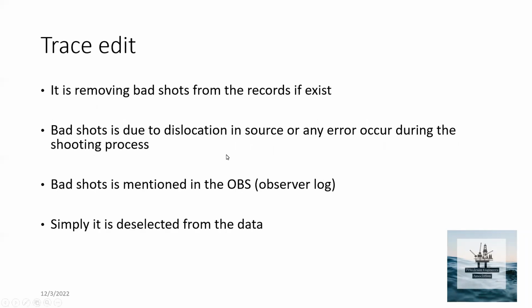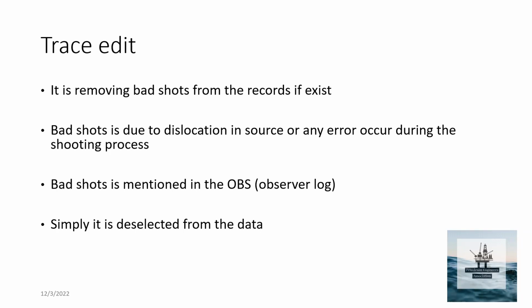The next step is the trace edit. It is removing bad shots from the record, if they exist. A bad shot is due to dislocation in the source or any error that occurred during the shooting process. Sometimes while acquisition is done, some of the detectors are moved or relocated, so it causes some noise and some error.